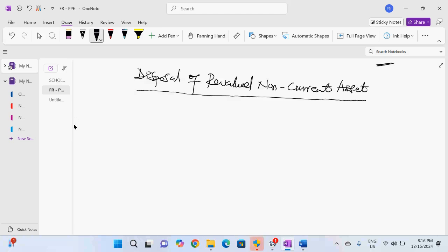So the disposal of the revalued non-current assets.